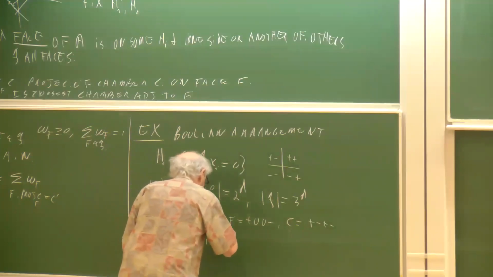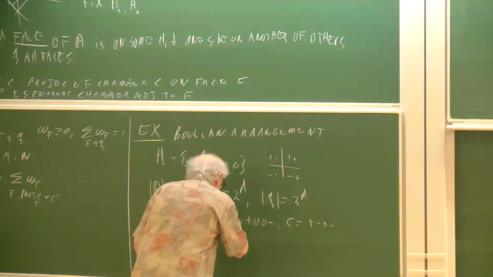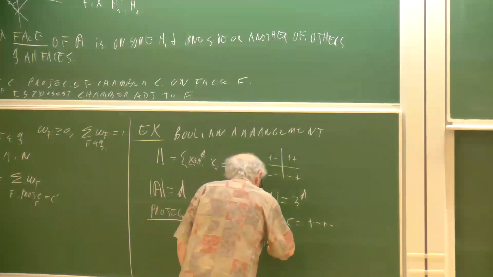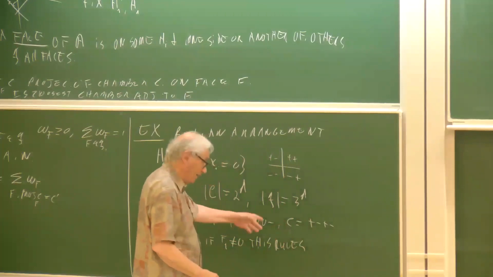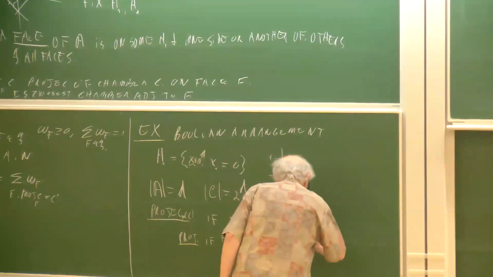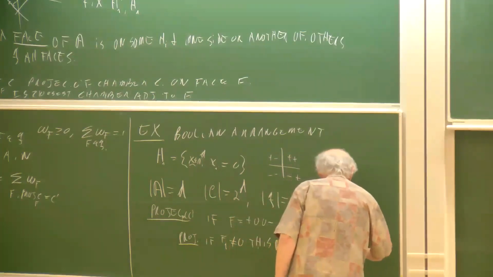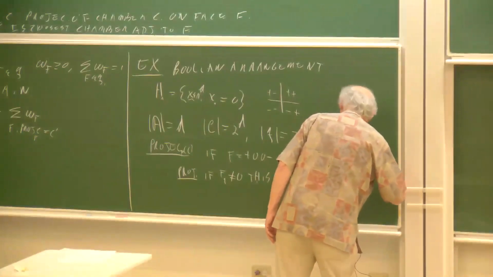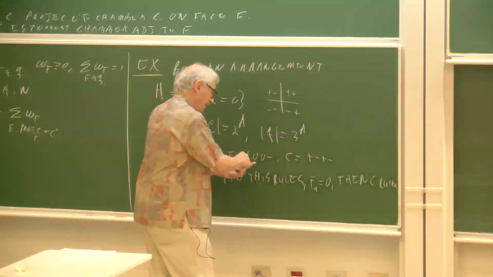if fi, the ith coordinate of f, is not equal to 0, this rules. You keep that coordinate. If it's plus or minus, you just keep it that way. And if fi is equal to 0, then C rules. So the projection of this on this: plus stays there.